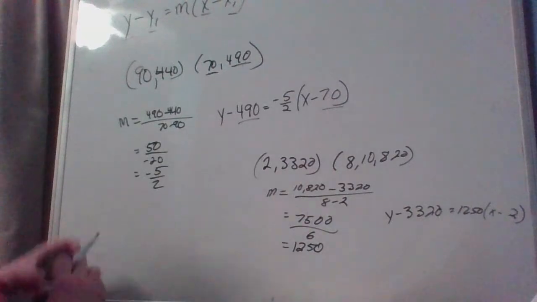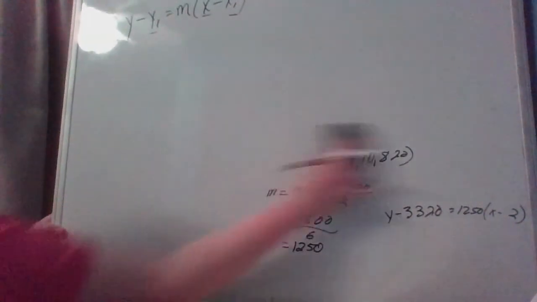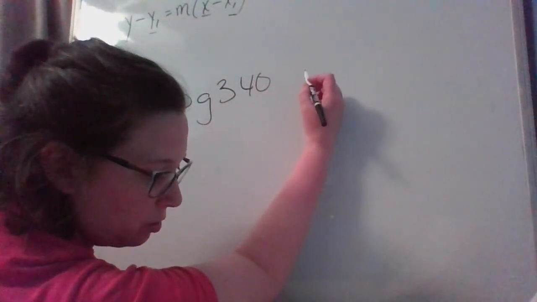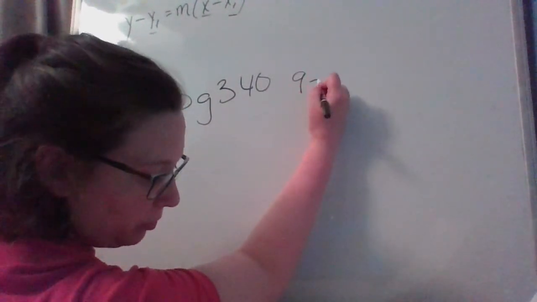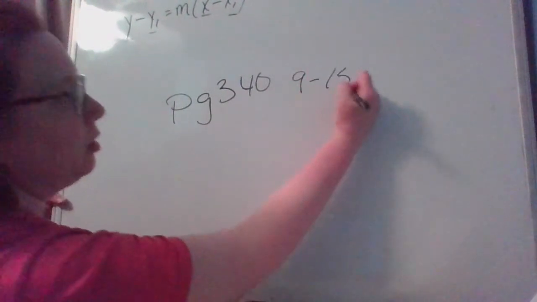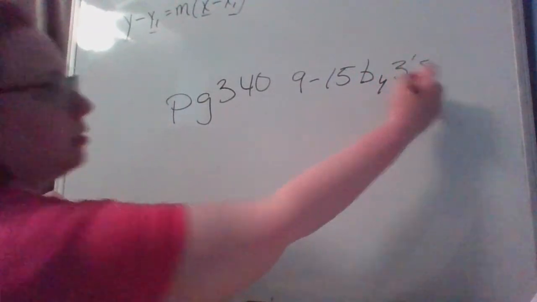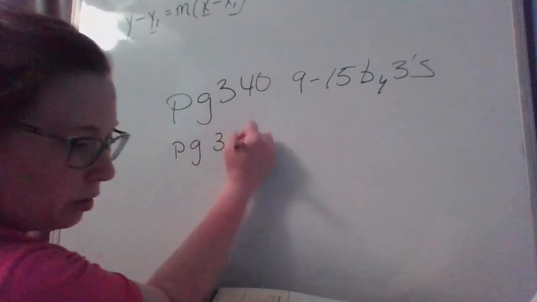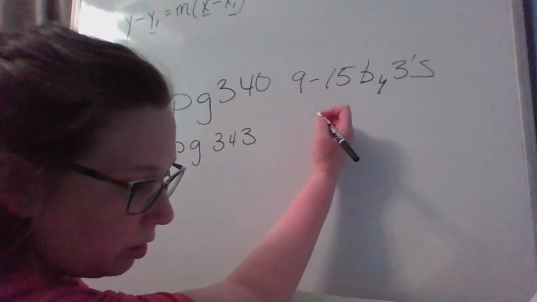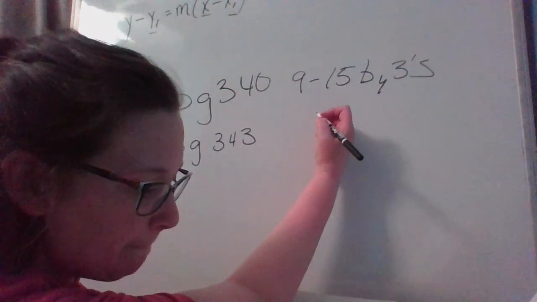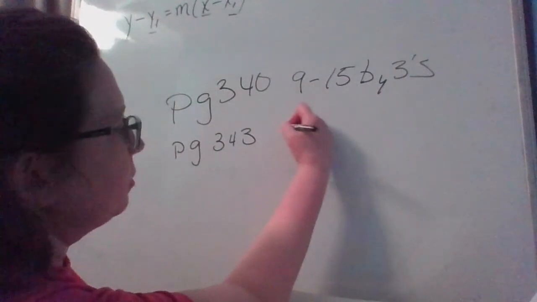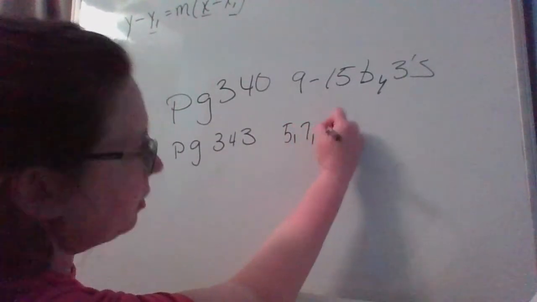So going back to page 340, I would like you to do numbers 9 through 15 by 3s, and page 343, I would like you to do 5, 7, and 9.